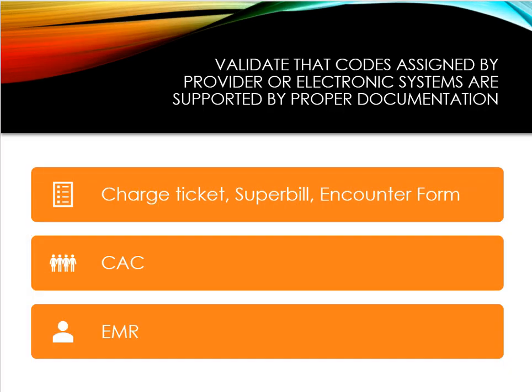All right, next up, validate codes that are assigned by either a provider or by an electronic system. Today, we have lots of ways in which codes can be assigned. For example, let's take evaluation and management coding, E&M. There are a lot of electronic medical record systems that can suggest to the provider what the E&M level should be.